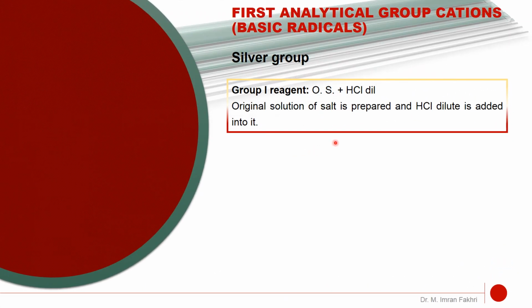First analytical group of cation, basic radicals. It is also called the silver group. We have to add dilute HCl into the original solution.